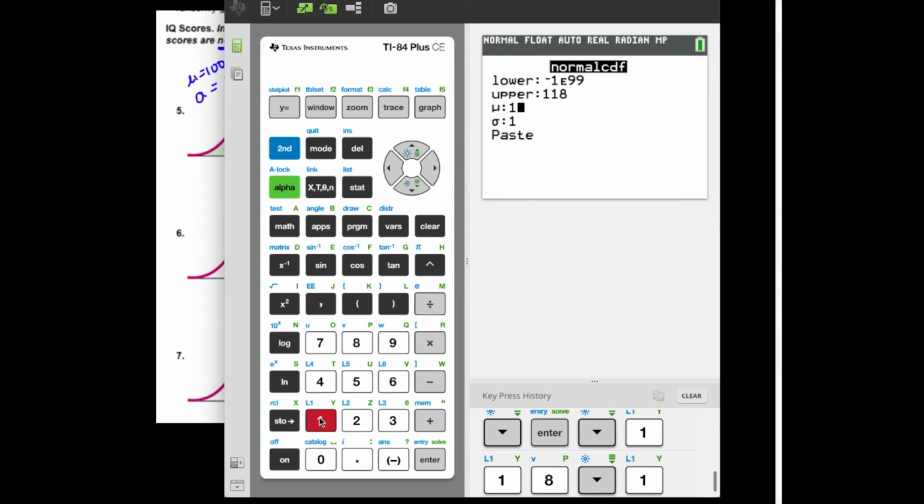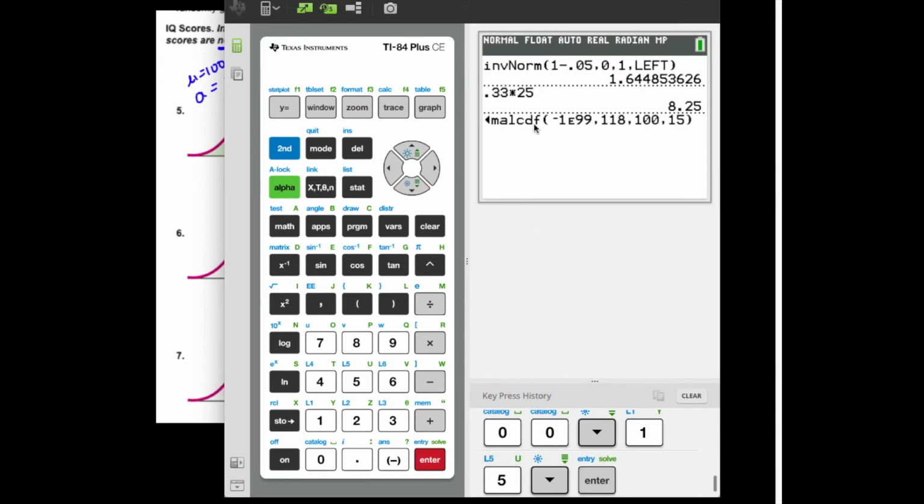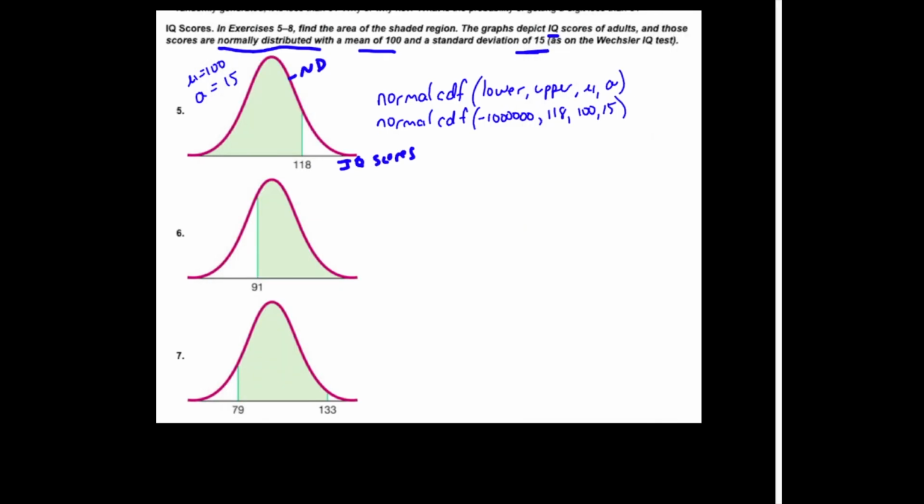My mean was 100. And my standard deviation was 15. When I paste this, it looks the same as on the 83s. That's the same order: lower, upper, mean, and standard deviation. Enter, and now I have my probability, my percentage, 0.885, rounding to 4 digits, 0.8849.